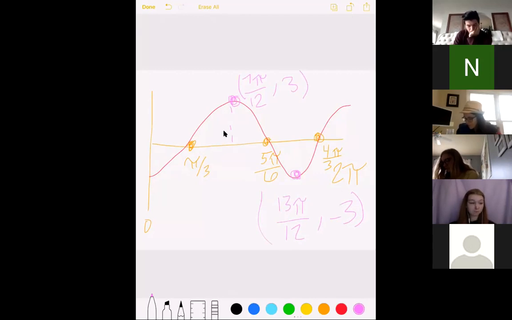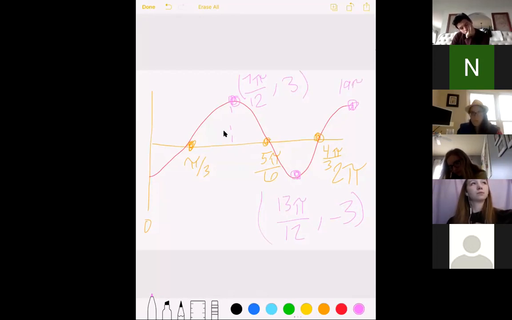And then there's also a maximum right here that's still within the boundaries. And this one would be 19 pi over 12, comma 3.